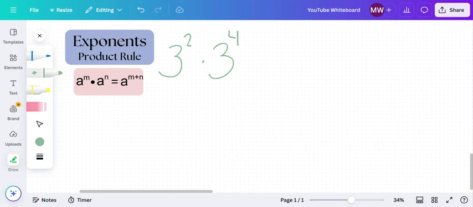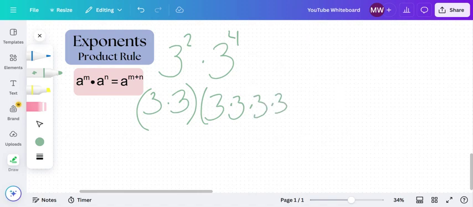So here's our first example, 3 to the second times 3 to the fourth. Now I could write this out, right? We know 3 to the second means 3 times 3, and 3 to the fourth means 3 times itself 4 times. And then I could count up how many 3's I have: 1, 2, 3, 4, 5, 6, and get 3 to the sixth.